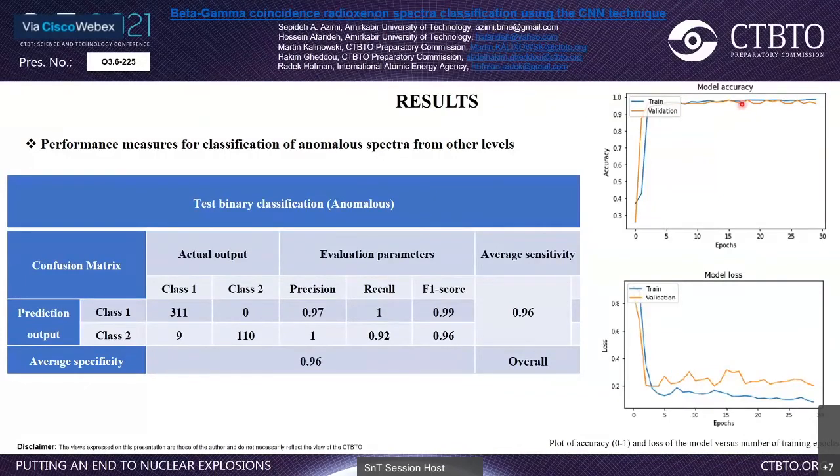Results show that level 3 could be distinguished from level 1 and level 2 with an overall accuracy of over 98%. Fluctuation in model loss validation curve reaches a constant number in successive epochs. Average sensitivity for anomalous samples identification is 96%.